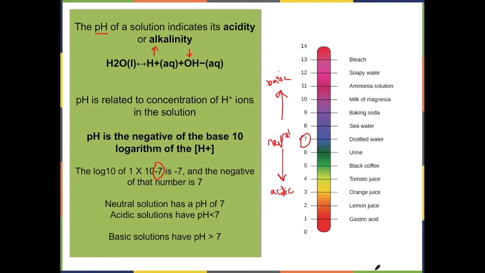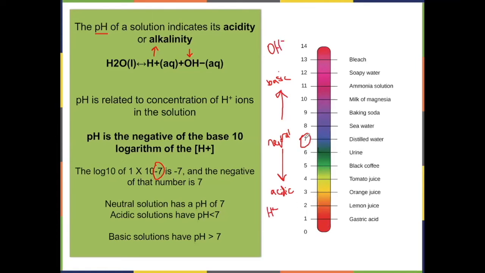So, I'll let you look at what some of the substances that are acidic and basic are. Again, let me throw this on there just so we're clear. Things that are acidic actually have more H plus, right? And things that are basic have less H plus and more OH minus.